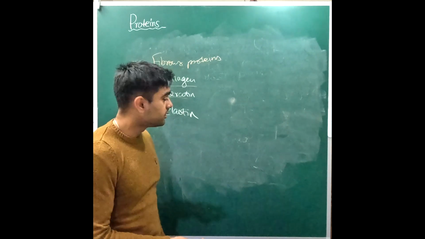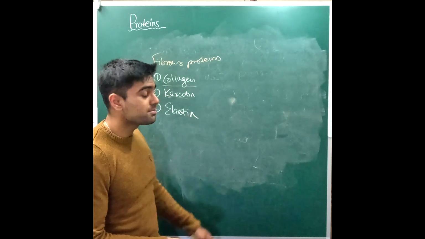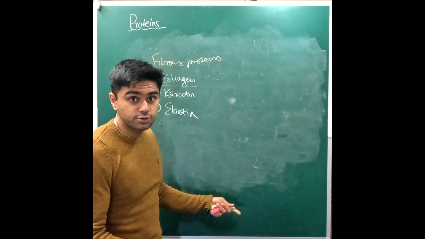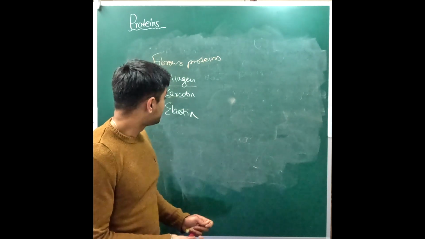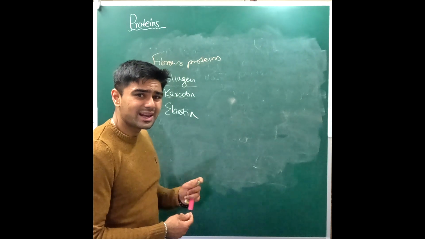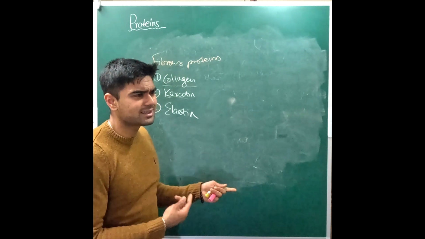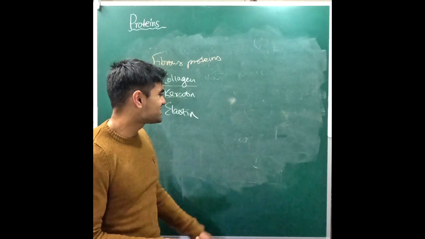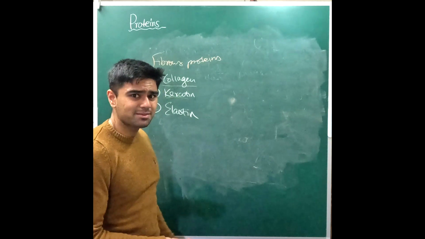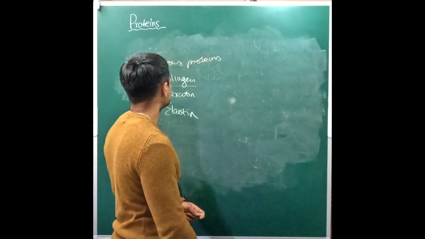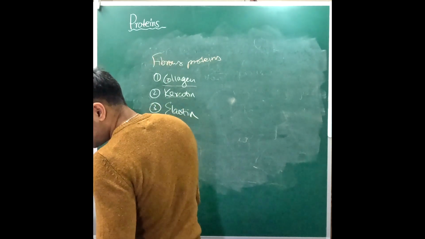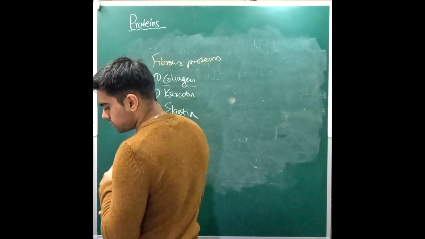So collagen is something to do with the skin, tissues and tendons, whereas keratin is something to do with the hair. Elastin is an easy one. Elastin, elastic, it sounds the same, right? Elastin is a protein that makes things elastic. Simple. But we need to go through these structures.